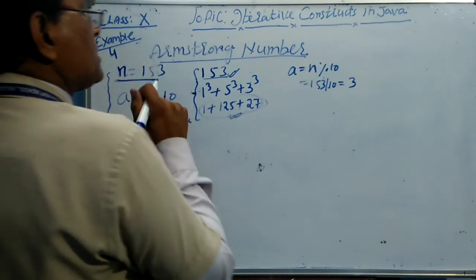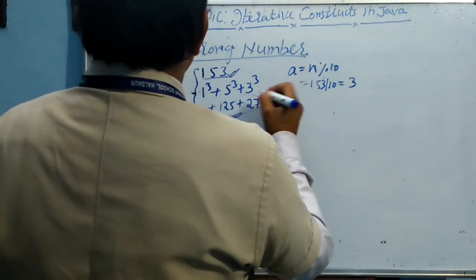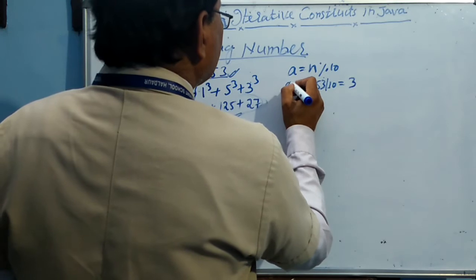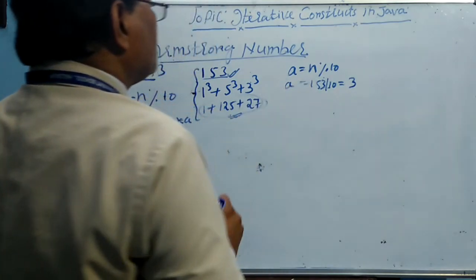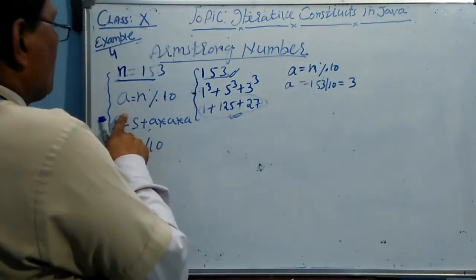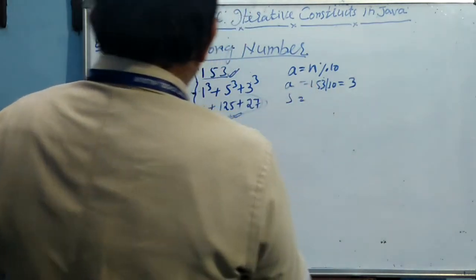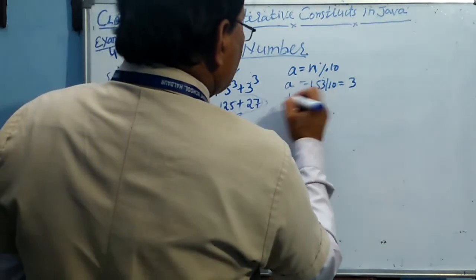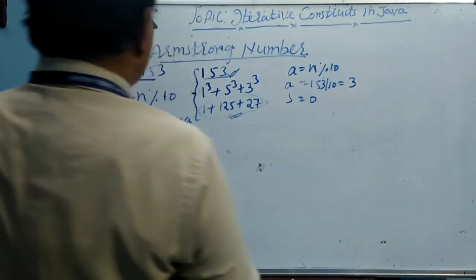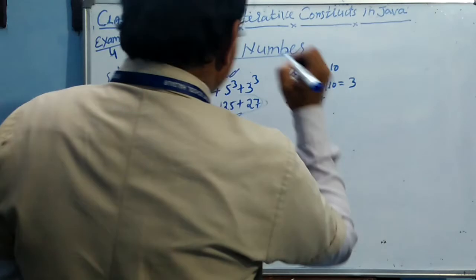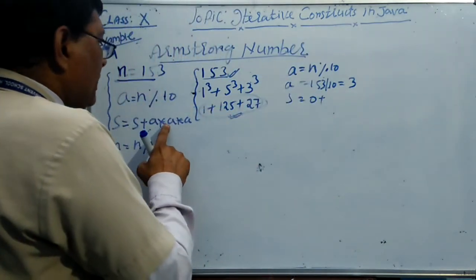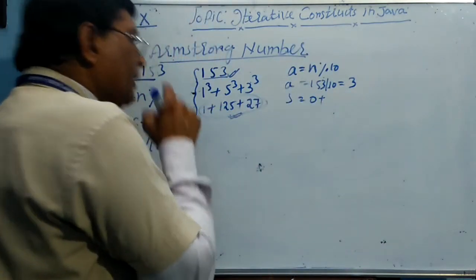Now the next step: that is the value of a. Now we have to calculate the value of s. The initial value of s is 0, plus a multiply a multiply a.